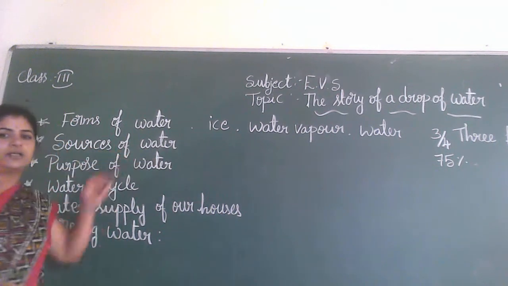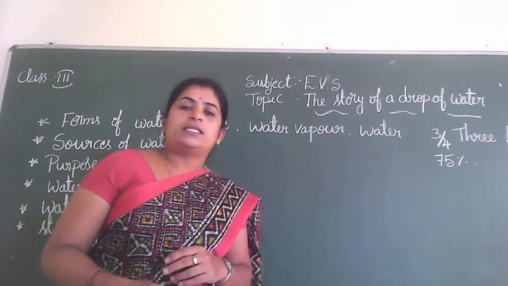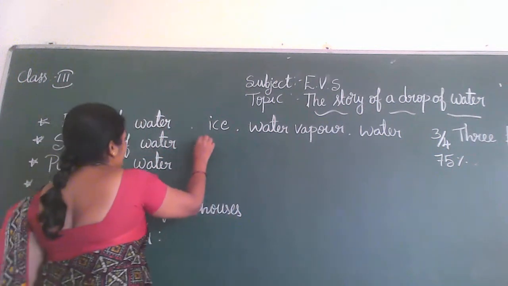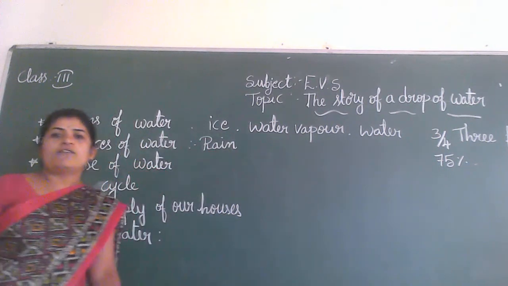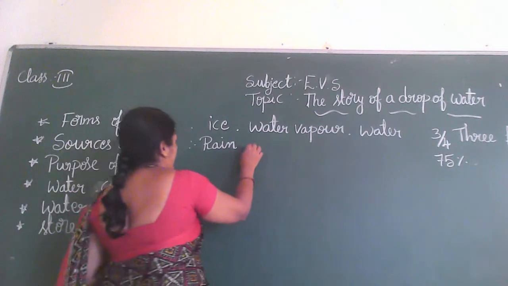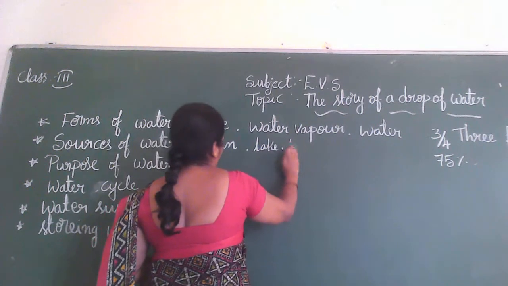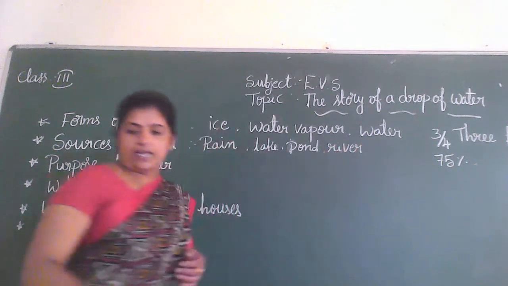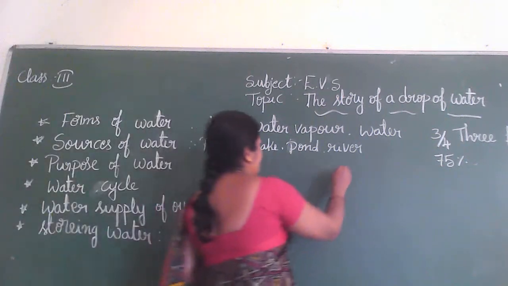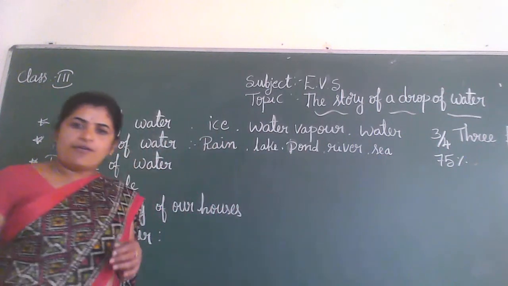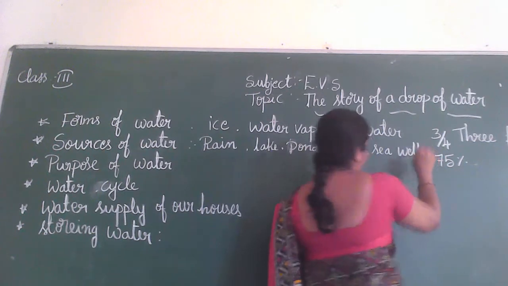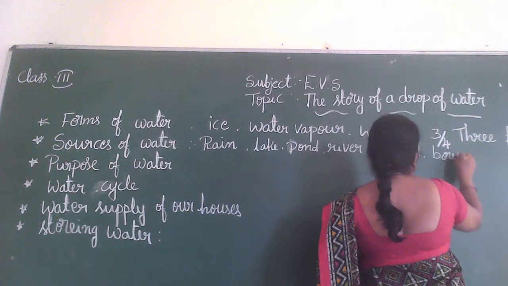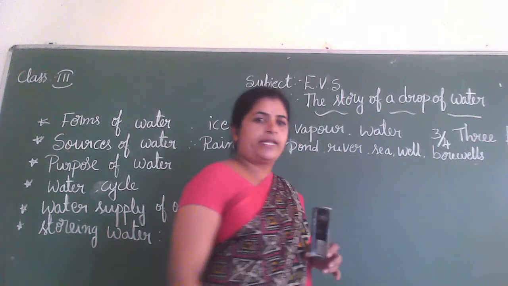Next, sources of water. You already learned in previous classes, children. Which one is the main source of water? Yes, rain is the main source of water. Another, which one, children? Yes, very good. Lake, pond, river, sea, well, and then borewells, and taps.